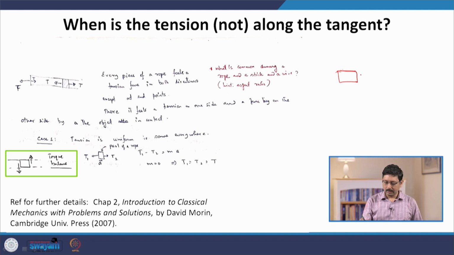Now, suppose this tension has a component in the vertical direction, and this is the component in the horizontal direction. Now, let us say that I take my pivot point at one end, any point on one end of this rope. This is my shaded region, a part of a rope, and this is my system.